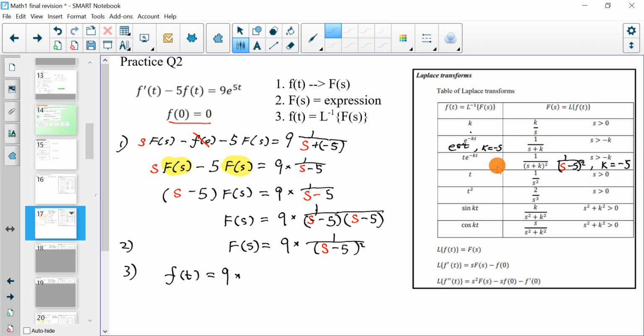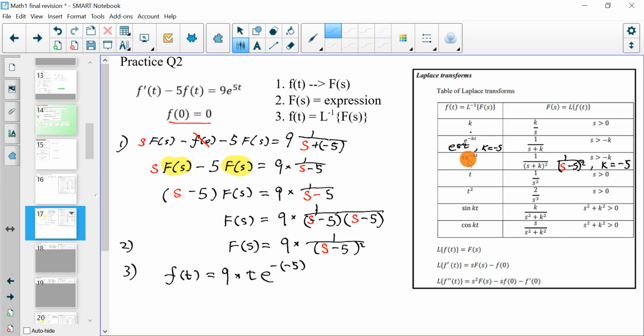Okay, so with that determined, I can just simply copy down the f of t from the lookup table, and the only thing I need to change is k, because now I know what my k should be. So t e to the minus k t, where k takes on the value of minus 5.